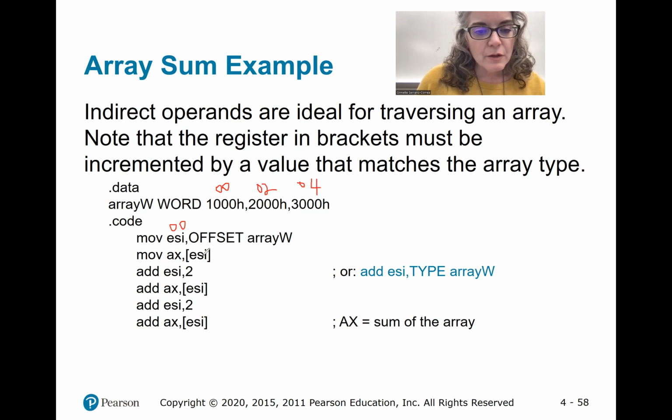And then here we're saying, okay, give me what's in FF00. Because we have the brackets, it dereferences. So the address is FF00, so it grabs what's in here and puts it into AX. So now AX has 1000.